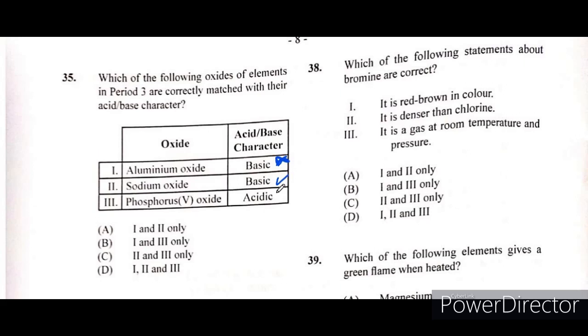So 2 and 3. Yes, aluminum oxide is not entirely basic, but it does showcase acidic properties.